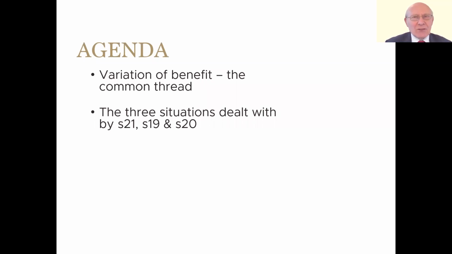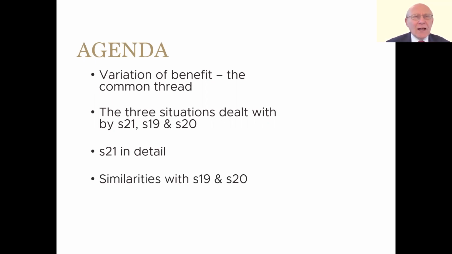And again, it looks a bit strange, but it's easier to deal with section 21 first, and then sections 19 and 20 follow from that, and they're pretty straightforward once you've got 21 under your belt. So we'll look at section 21 in detail, and then we'll look at the similarities with sections 19 and 20. Mention appeals fairly briefly, and then just round up how Bartfield's Forensic Accountants can help you.